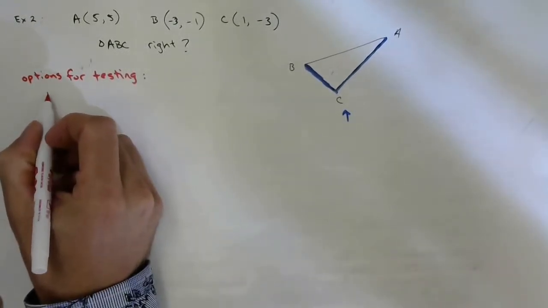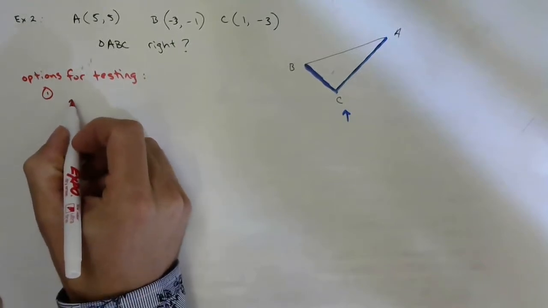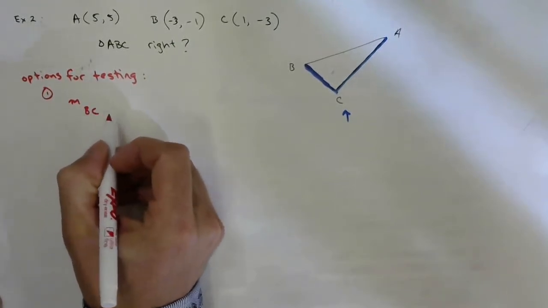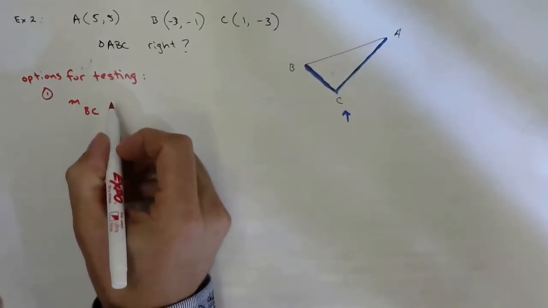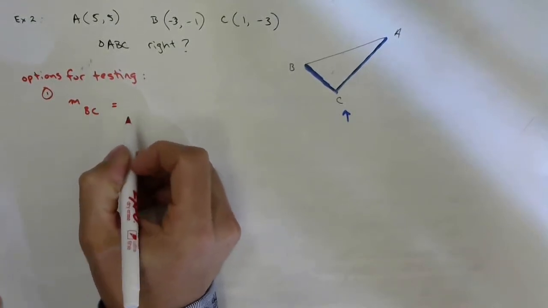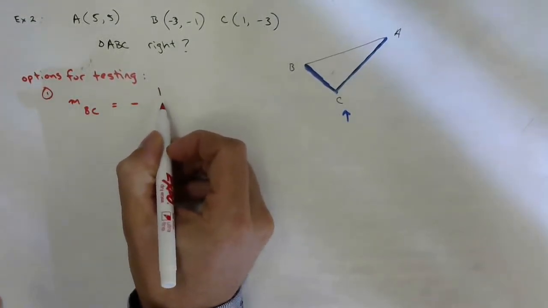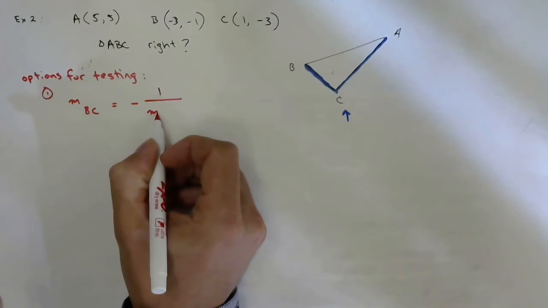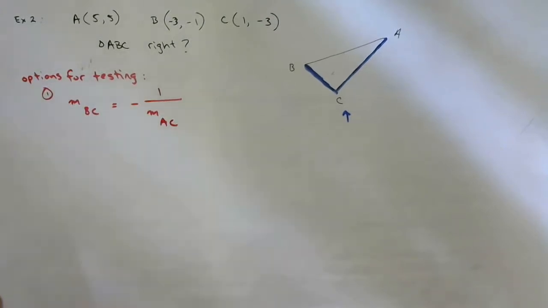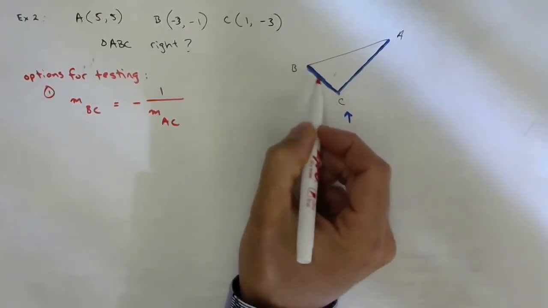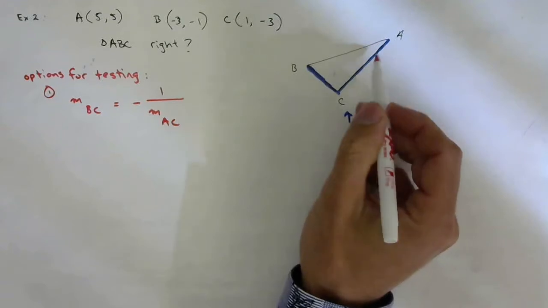The first option is that the slope of BC should be the opposite reciprocal of the slope of AC. Does that make sense? This slope should be the opposite reciprocal of this slope.